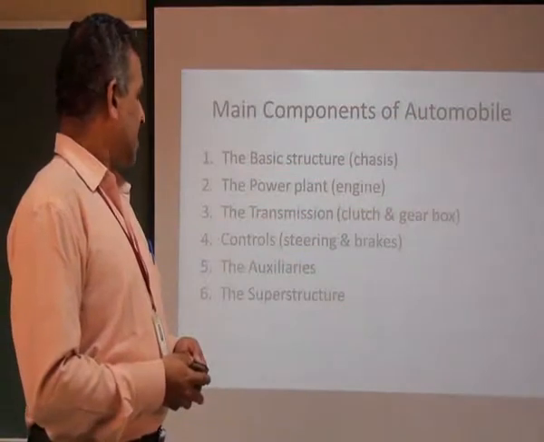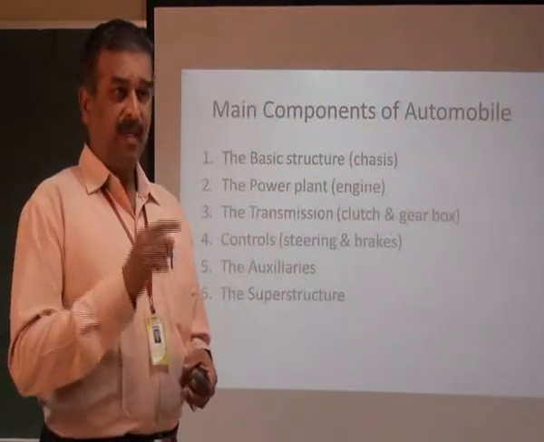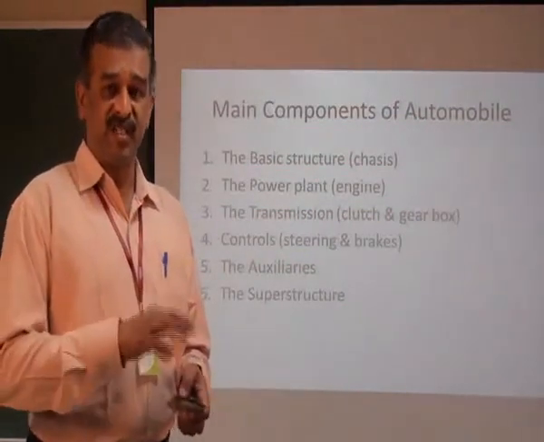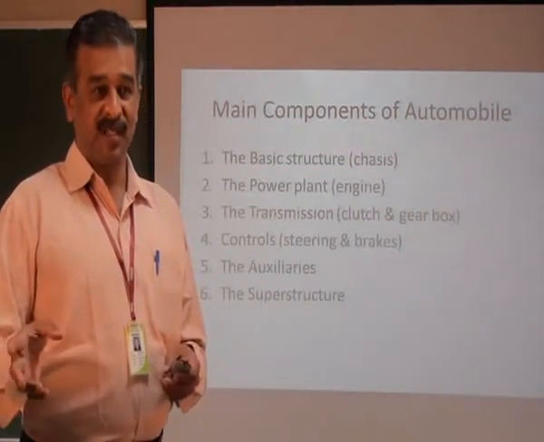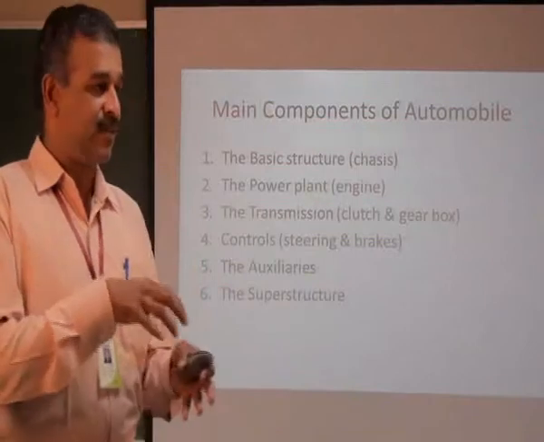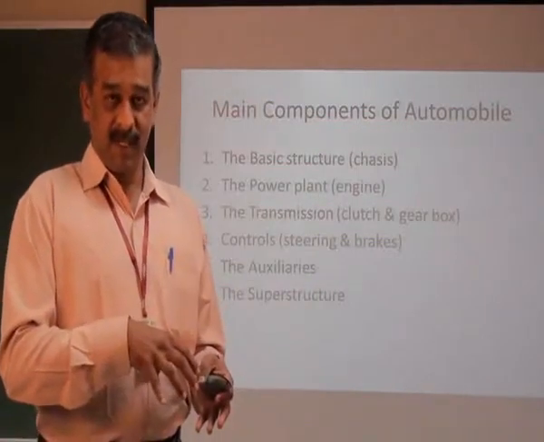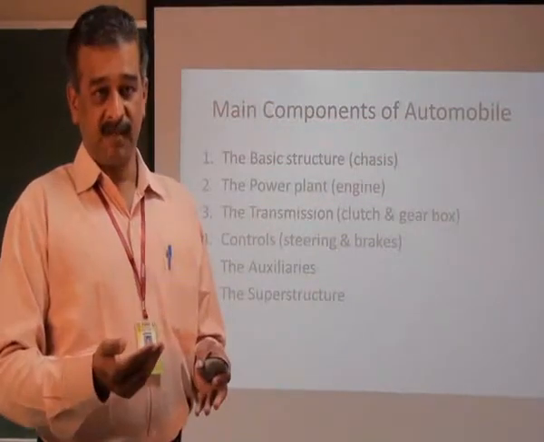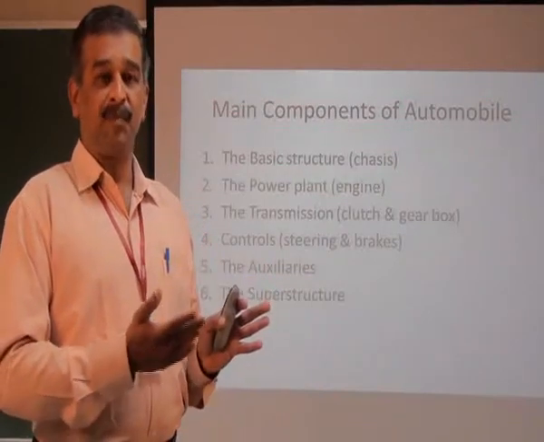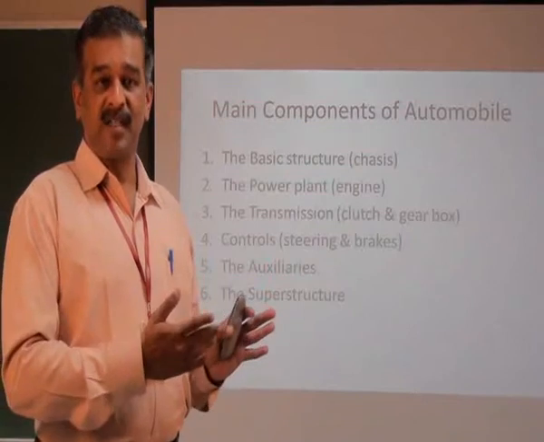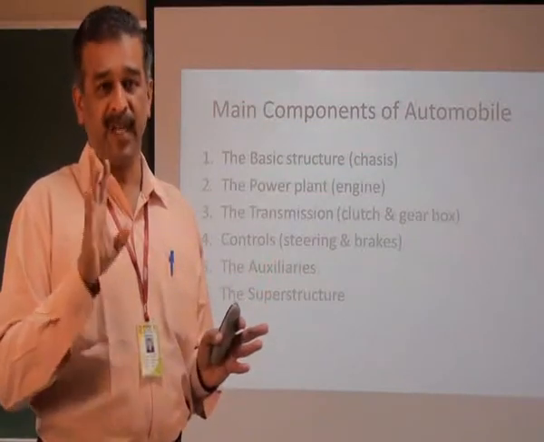Then the transmission. The power produced in the engine has to be transferred to the wheels, which have direct contact with the road. How is it being transferred? That is transmission. The transmission of the power or torque happens through two media.